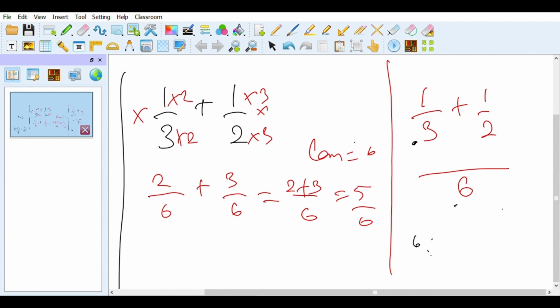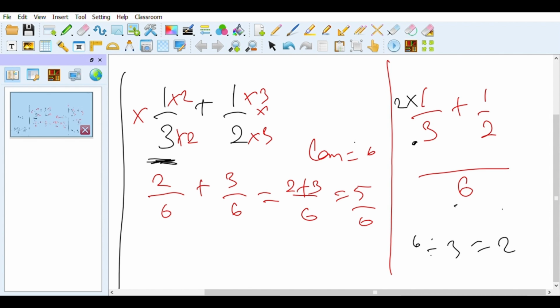So 6 divided by 3 is 2. We now use that 2 to multiply the numerator. So divide the LCM by the first denominator, and whatever you get, use it to multiply the numerator. It's like saying, what are we going to use to multiply 3 to get 6, which is the same idea. That is 2. Use that same 2 to multiply the numerator.